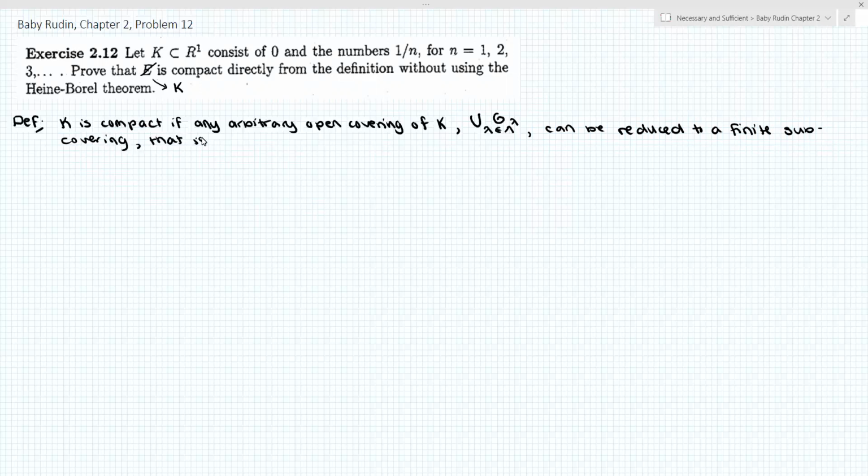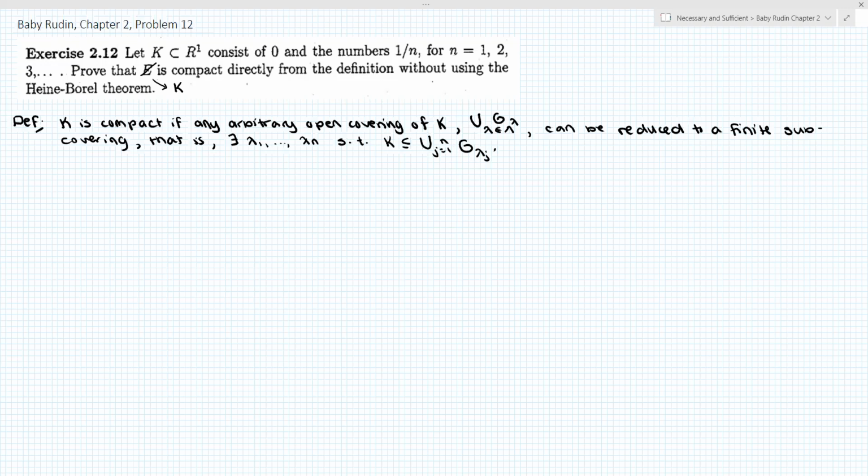That is, there exist finitely many lambdas, so let's say lambda 1 through lambda n, such that we can write K as a subset of the union from j equals 1 to n of O lambda j. What this means is give me any collection of open sets that I can write K as a subset of, then I can pluck out finitely many, and K is still a subset of this union of finitely many open sets. So this is the definition of compactness.